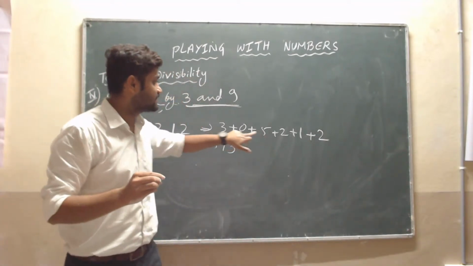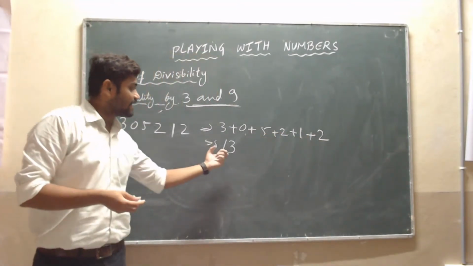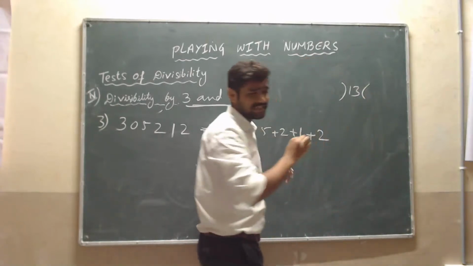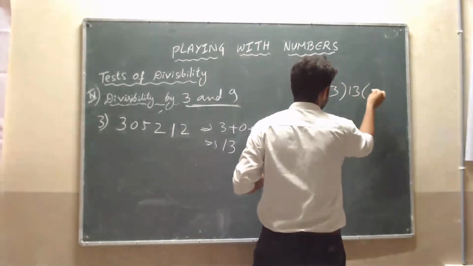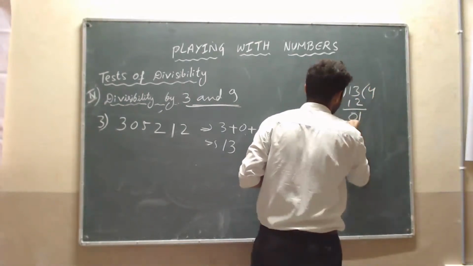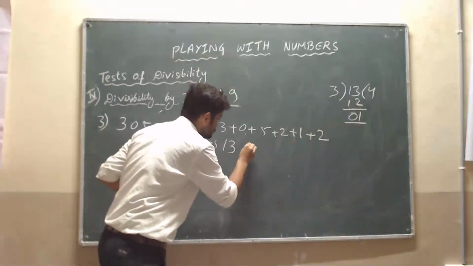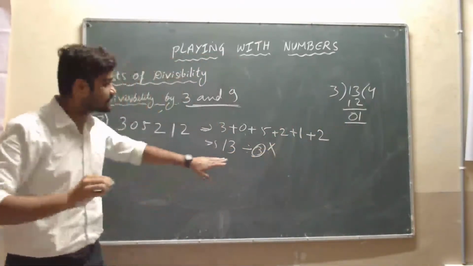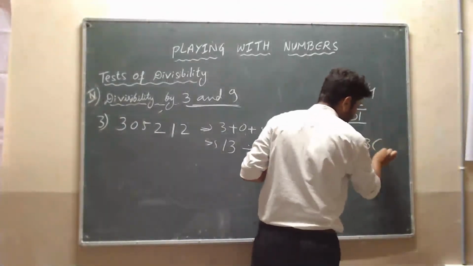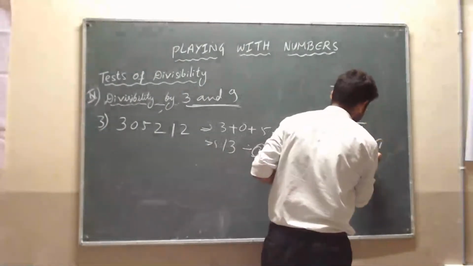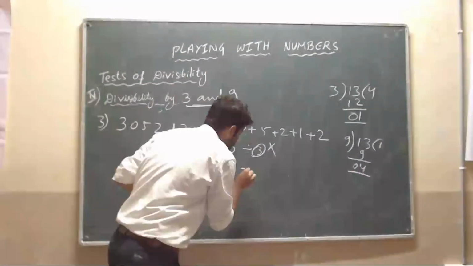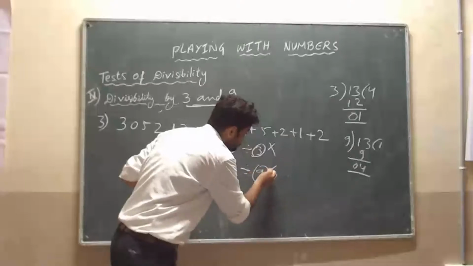Once again, 8, 10, 13. Whether 13 is divisible by 3: check whether 13 comes in the 3 table. No sir, 3 threes are 9, 3 fours are 12, and the remainder is 1, so it is not divisible by 3. Then check with 9: 9 ones are 9, and some remainder is left, so it is also not divisible by 9.